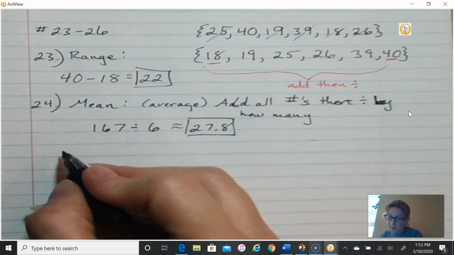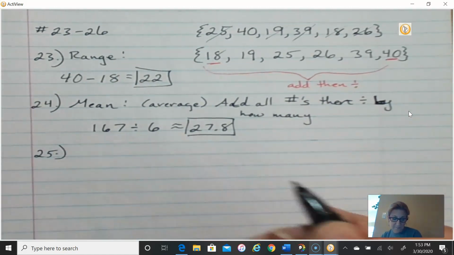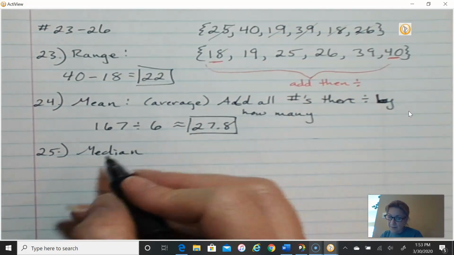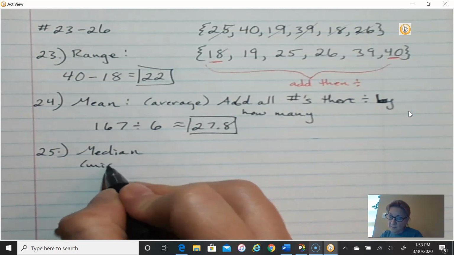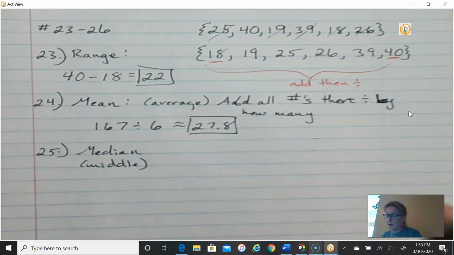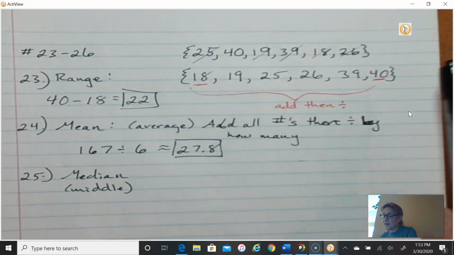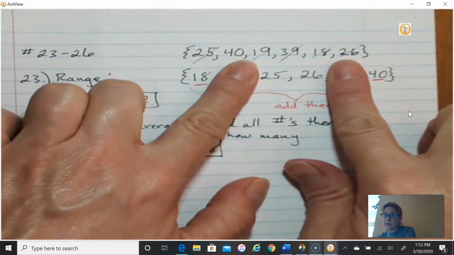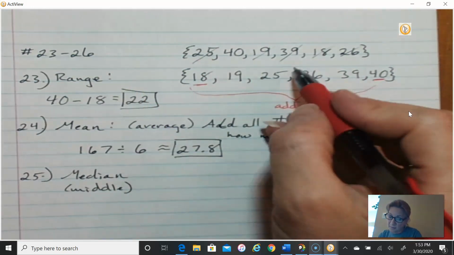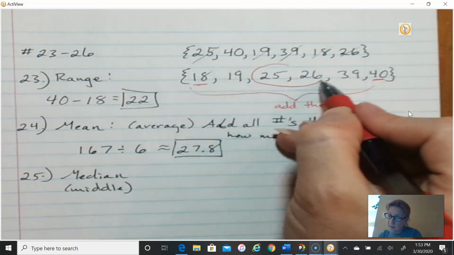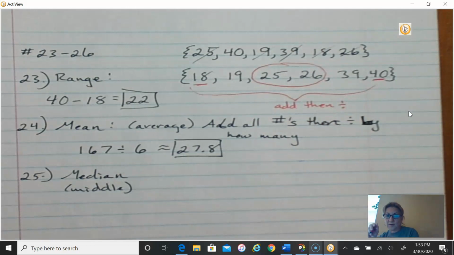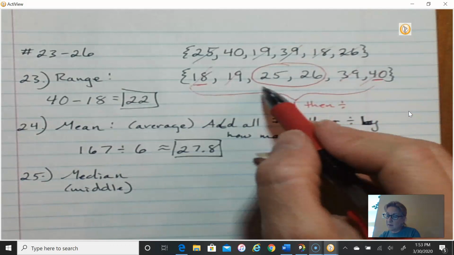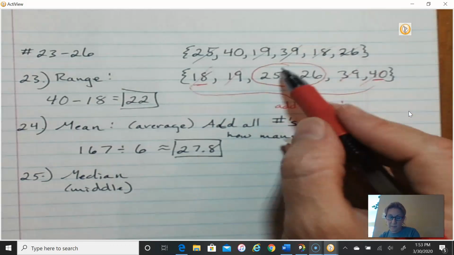All right, 25. Median. That's that middle number. All right, so you're going to look up here. You can use your fingers and look. There's 2 in the middle. There's not one middle number. Because if you notice, there's 2 in the middle.